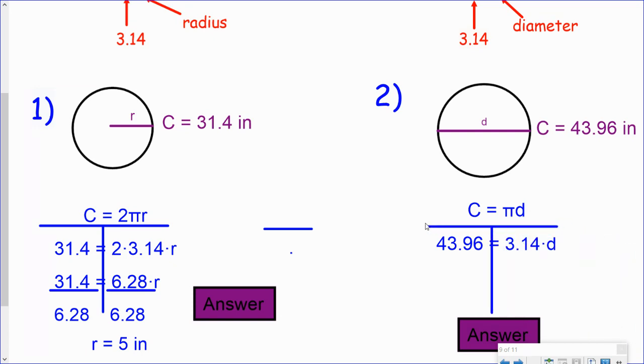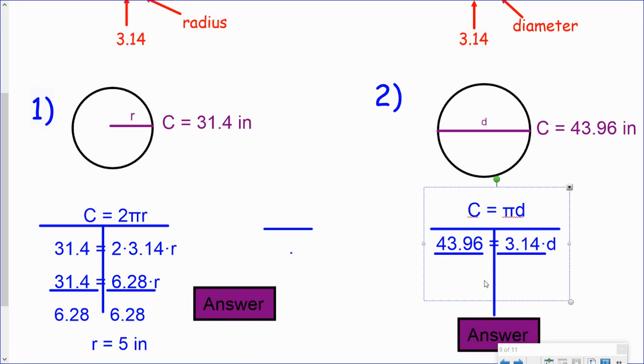Here's where our t-chart comes in. We'll plunk it on there. And we ask ourselves, what's the inverse or opposite of multiplying by 3.14? And we would say divide by 3.14. So we're going to divide on both sides by pi. 3.14, divide over here by that.